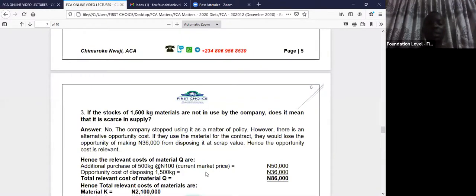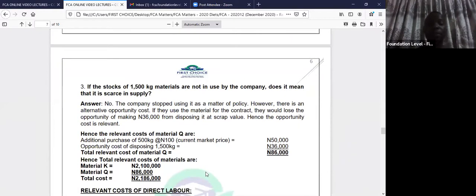So you see, the minimum price to charge for the contract is you make additional purchase of 100 naira for each of the 500 kg that you are going to buy in the market. Then for the remaining 1,000 kg, you use the opportunity cost of disposing it, which is the scrap value, 36,000.